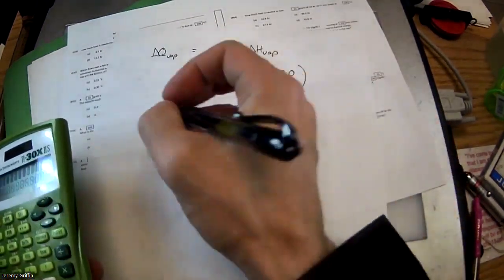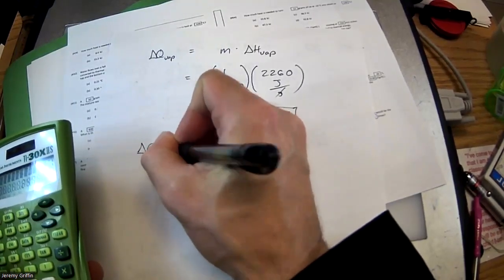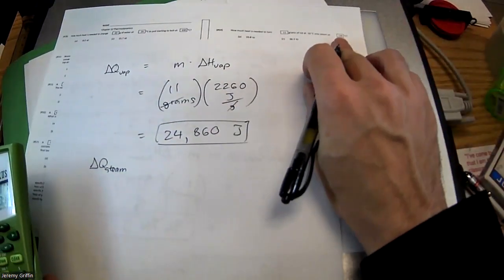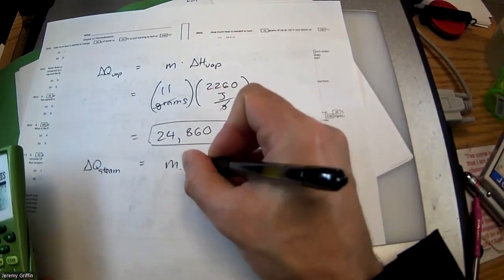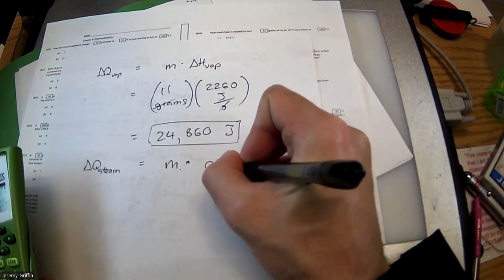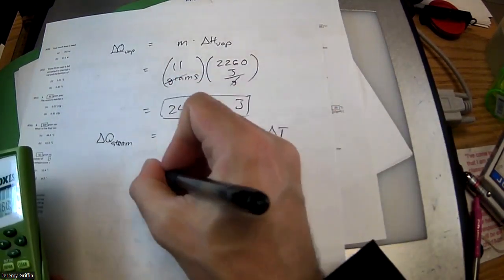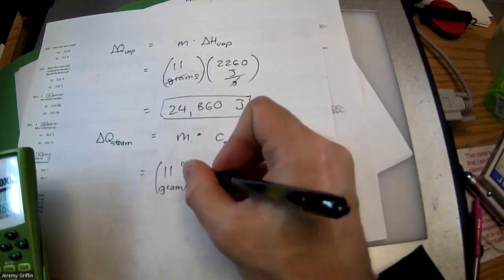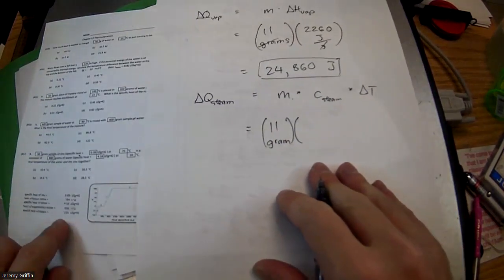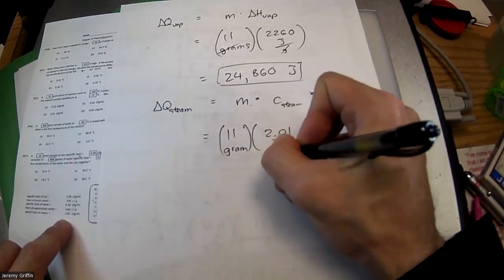Okay, now we're getting real close. So now delta Q for the steam, because we're going to continue to keep the steam until we bring it finally up to 120 degrees Celsius. So m c steam times delta T. We've got still 11 grams of now steam. The specific heat capacity of steam is 2.01 joules per gram Kelvin.